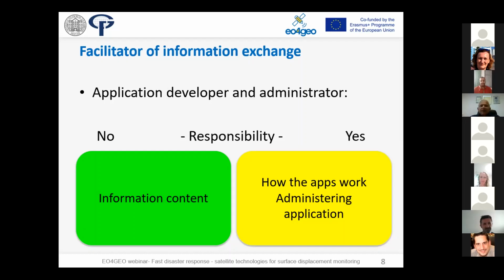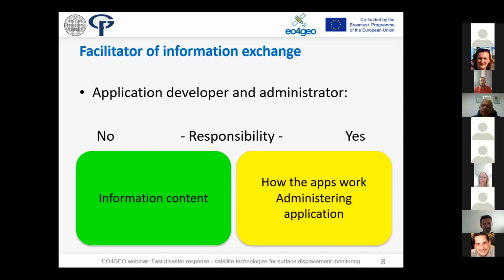We could add that part of the administering responsibility is also to check, to a certain level, the content which is loaded by citizens or whomever on the application, that this information is in line with the purpose of the application.